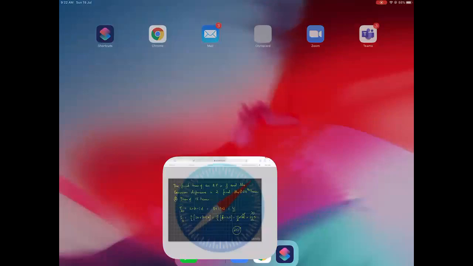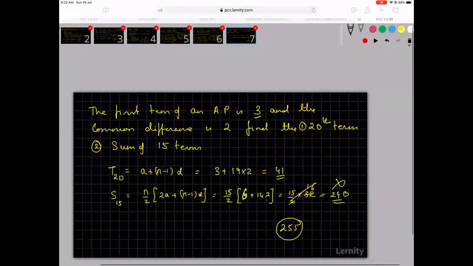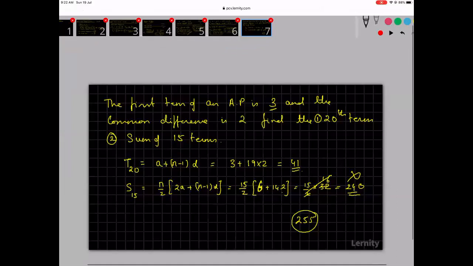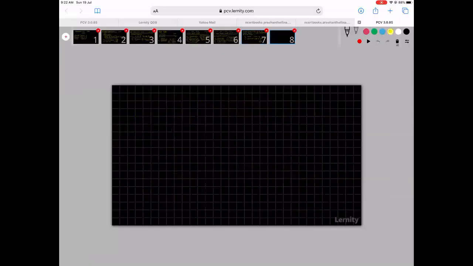Okay. So if you got this right, then let's do one more question. We have to be very careful with numbers. So here it is. The first term of an AP is minus 30 and the common difference is, let us say, 3 this time.